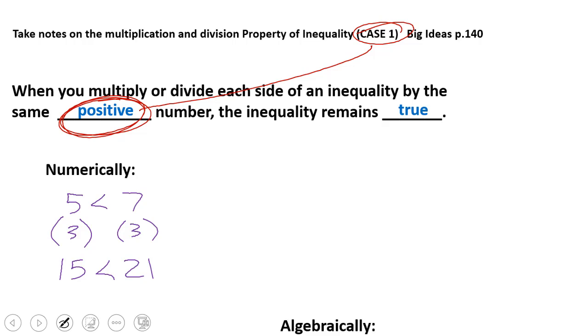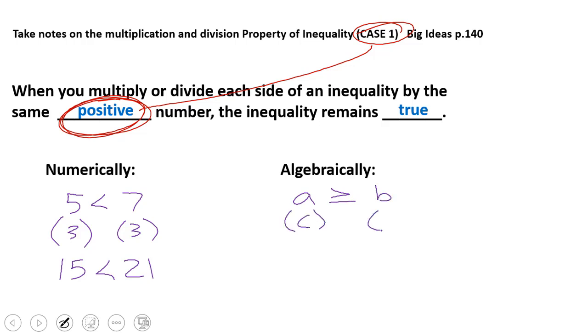Using our algebraic way of showing this, if I have A is greater than or equal to B, and I multiply both sides by C, I would get A times C is greater than or equal to B times C. Absolutely. That's correct. Case 1, multiplying or dividing with a positive number.